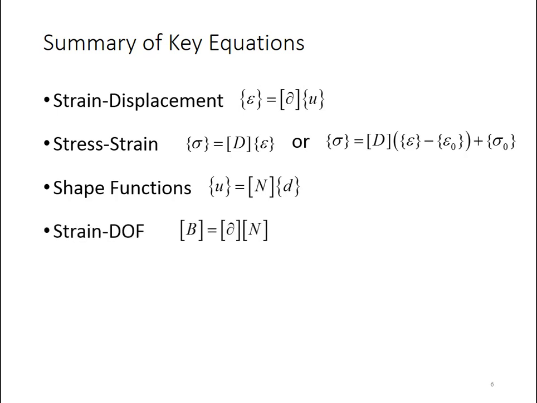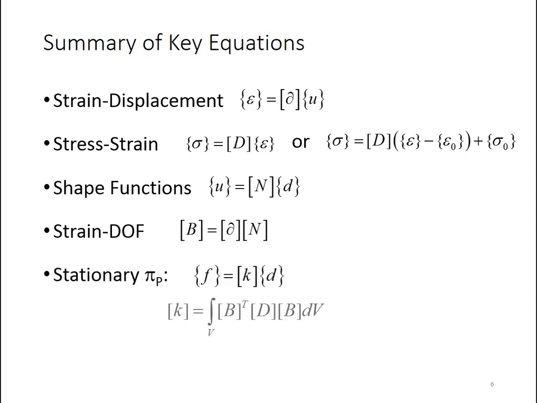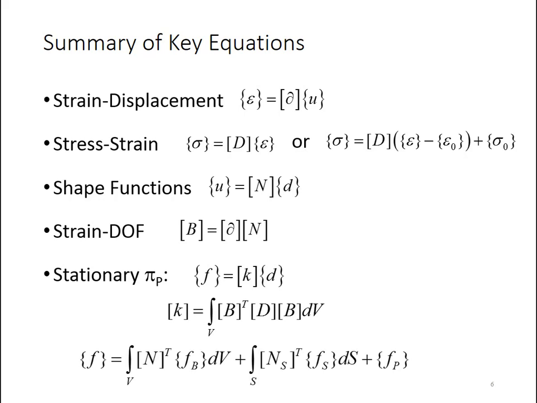This defines the displacement field in terms of the nodal degrees of freedom using the shape function matrix. We also have a strain degree of freedom relationship. This is the definition of a new matrix B, which is the partial derivative matrix operator acting on the shape function matrix. So in other words, B is what relates the strains to the nodal degrees of freedom. And then lastly, we have the expressions we just derived based on stationary potential energy.